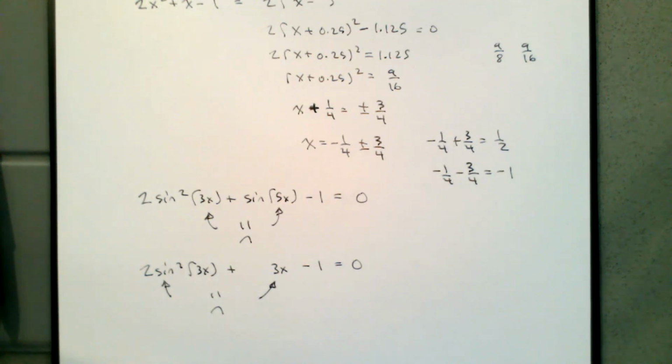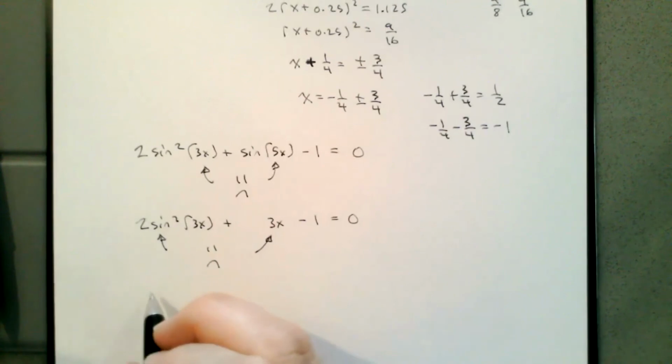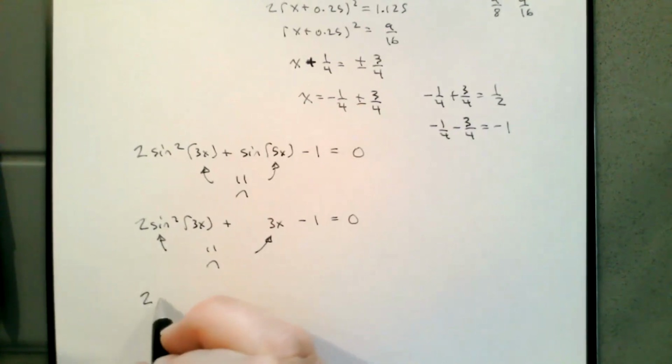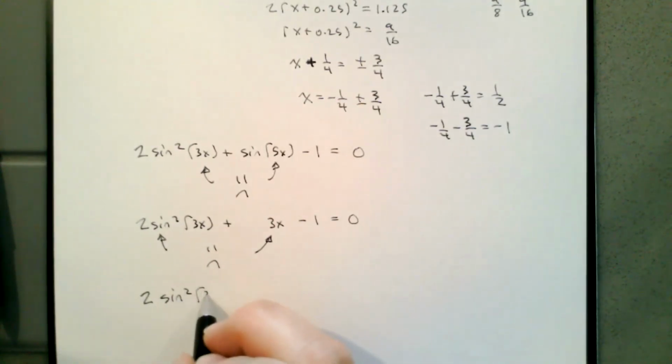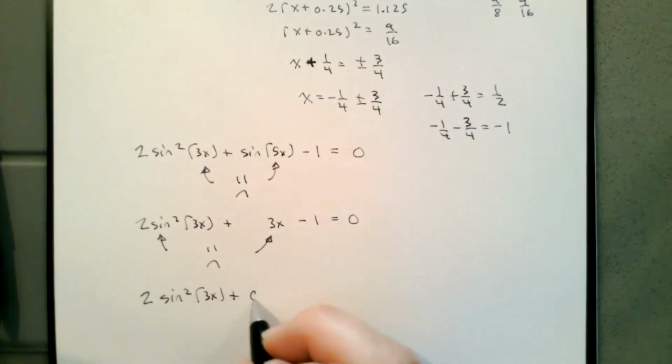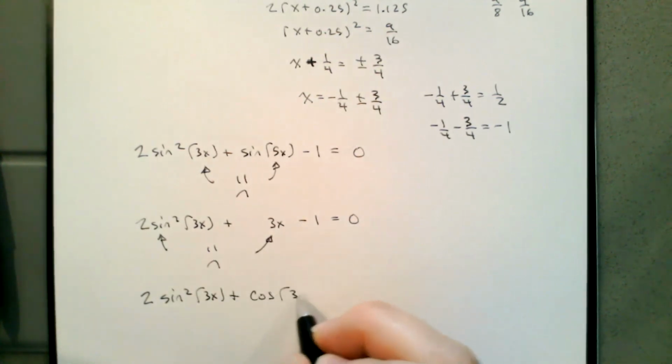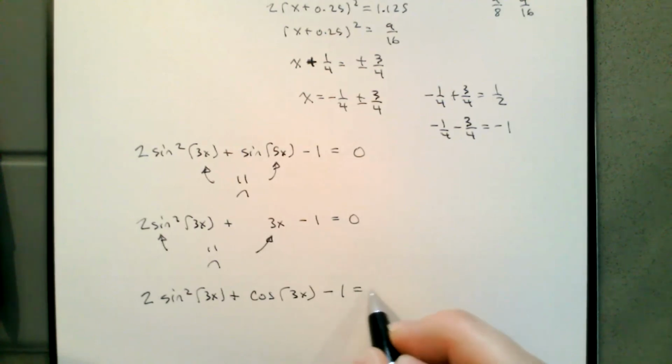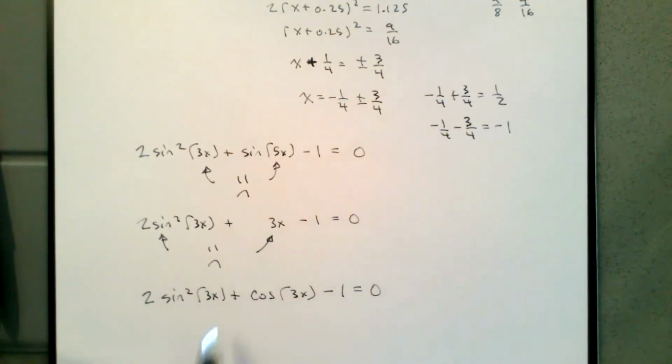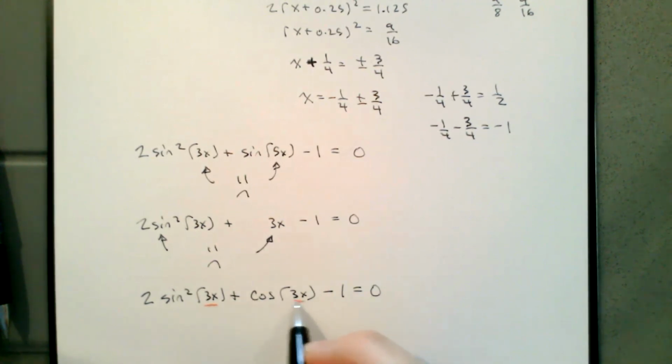There are some things that we can do. If I do this combination, 2 sine squared of 3x plus cosine of 3x, the arguments match. They're both 3x, but I got a sine squared and a cosine. So this part, the 3x, that's good.